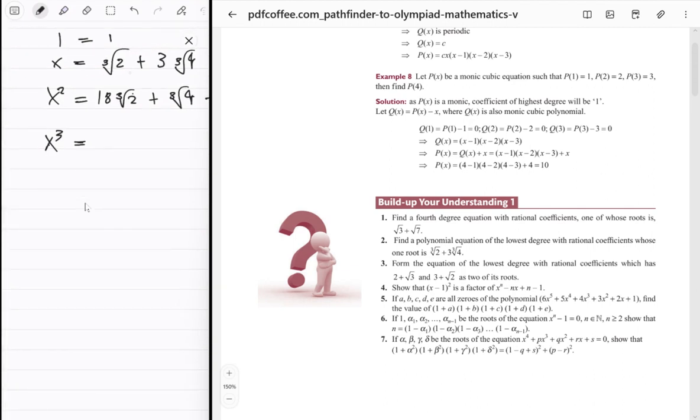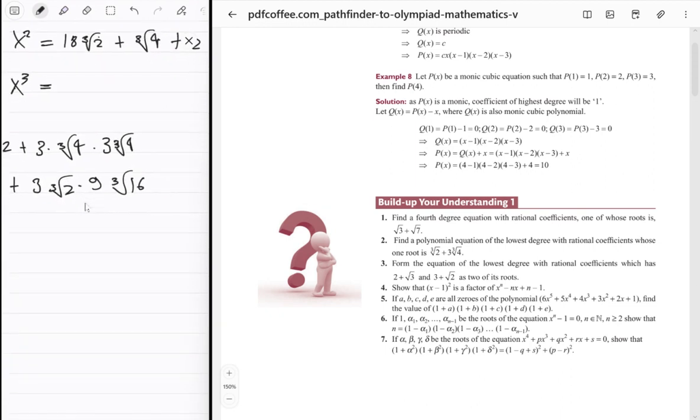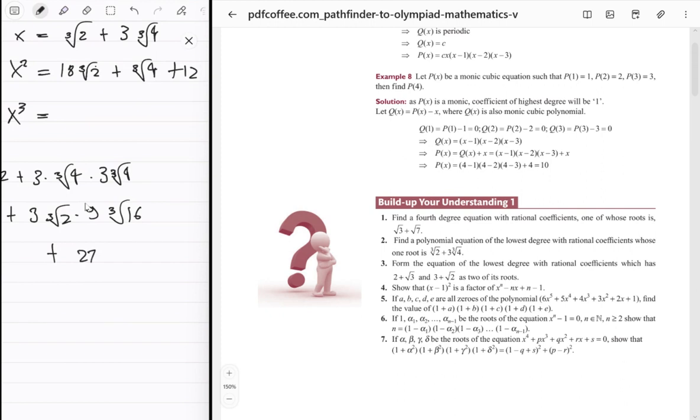This guy cubed is 2 plus 3 times this guy squared, which is the cube root of 4, times this guy. So you got 3 cube root of 4. And then plus 3 times cube root of 2 times this guy squared. So you got 9 cube root of 16. Nice. And then plus this guy cubed, so 27 times 4.